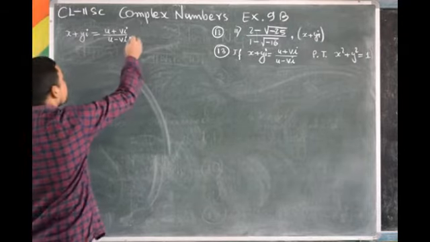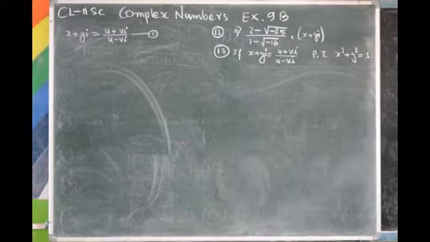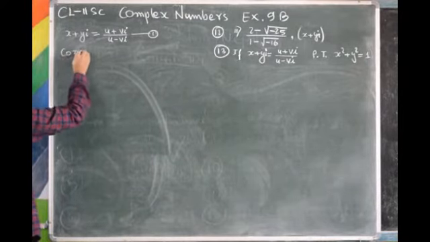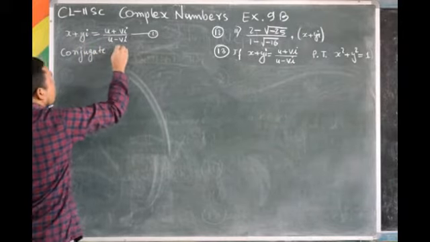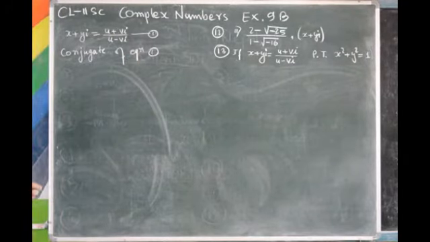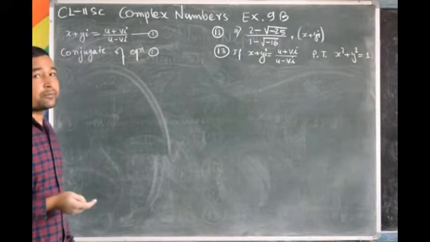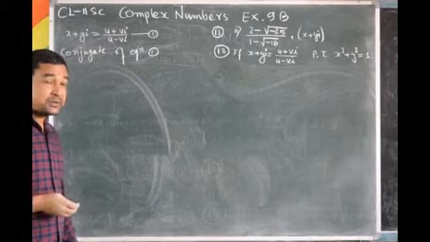Let's mark this as equation 1. Let's get the conjugate of equation 1. Conjugate means we need to change the sign of the imaginary part.